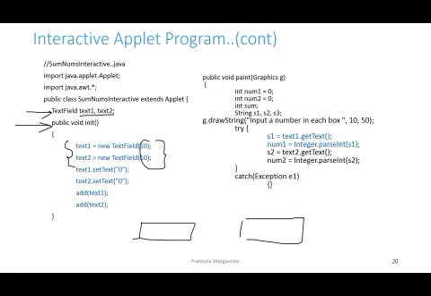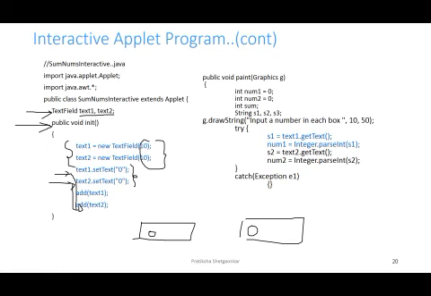Then we add these objects to the applet's display area by using the add method, and then you can see that we can set the initial value of these text boxes, or we can initialize the contents of these objects to 0 whenever they are displayed onto the browser. First the content of those text boxes will be displayed as 0.